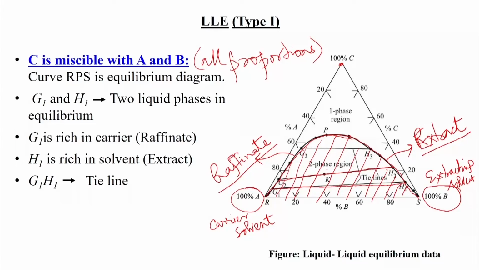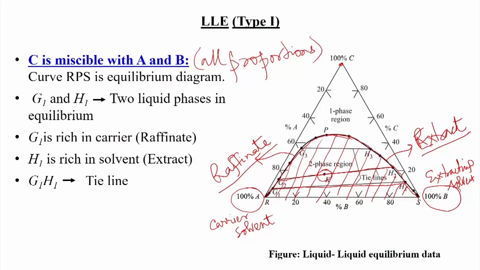Suppose K is a particular point, a particular composition. If we allow this entire system to separate, it will separate like this. G2 composition will be in the raffinate phase and H2 composition in the extract phase, and that is why G2 and H2 form a tie line.